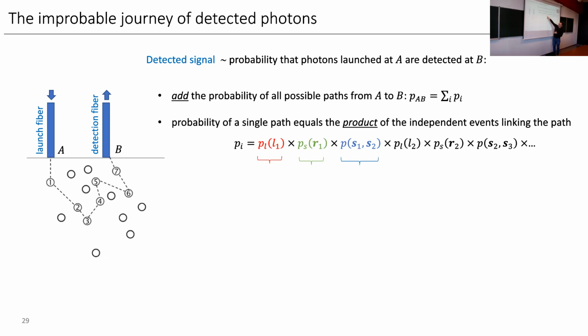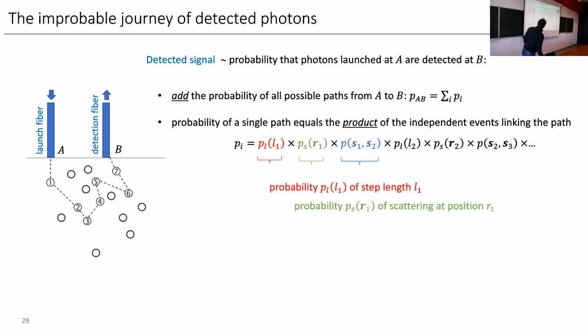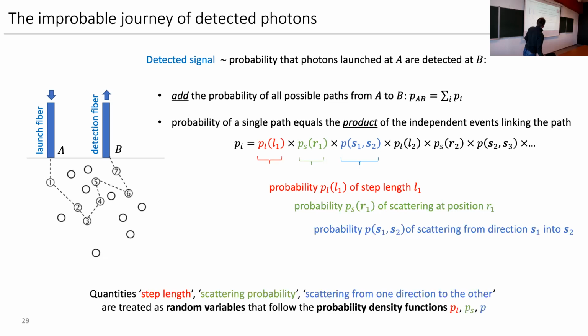Then the probability of being scattered at that position, multiplied by the probability of changing direction from S1 to S2, and then the next step in the trajectory, so the probability of taking a step of size L2, then the probability of scattering at the end of that step, multiplied by the probability of changing direction from S2 to S3, etc., etc. We trace down the trajectory.